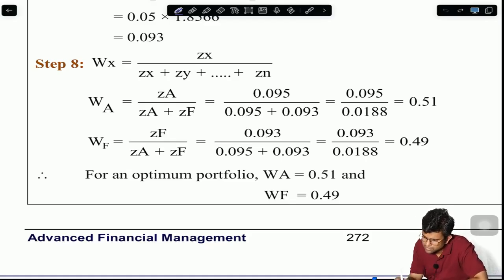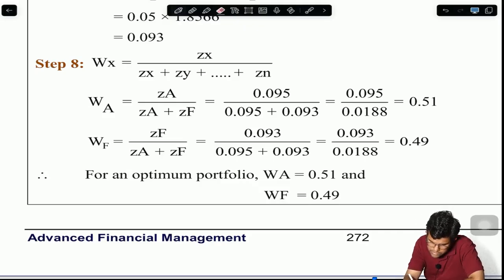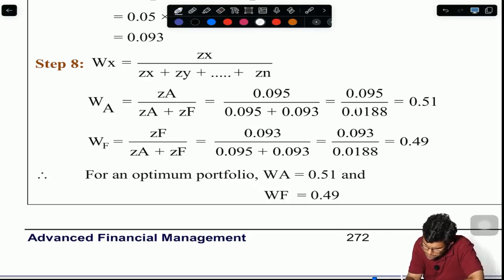Just check. This and this, please check once. Is it 0.188 or 0.0188? Okay. Thank you, Tanisha, Mahalakshmi. Mohammed, thank you for pointing out in the first place. Okay.